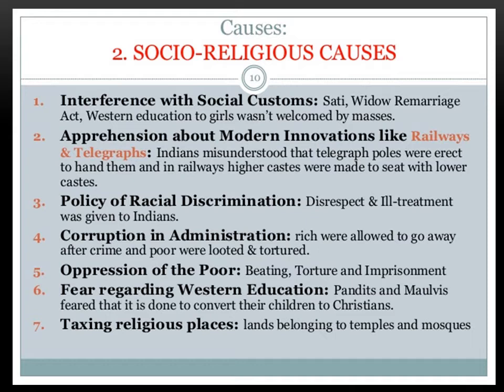And the religious causes were that many Indians feared that Islam, Hinduism, and Sikhism were under threat from British rule. The British always denied this, but they were not believed.